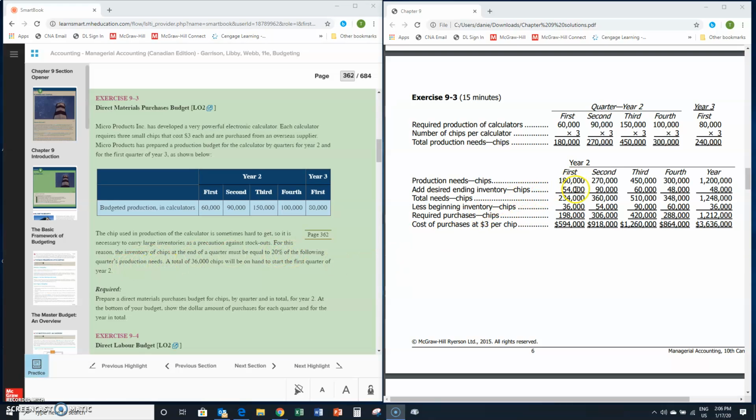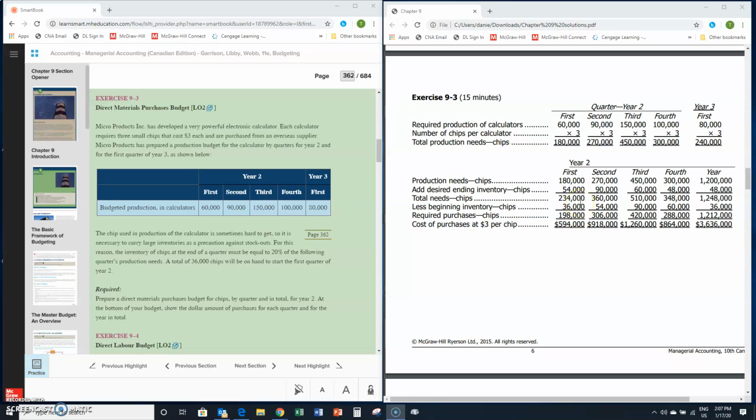The following quarter needs 270,000, so 20% of that is 54,000 in ending inventory. So you need 180,000 chips plus 54,000 in ending inventory, which means you need 234,000 chips.